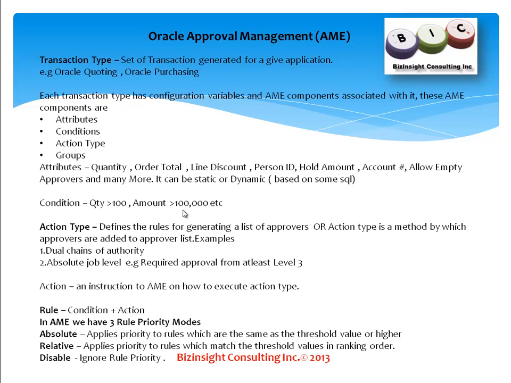So level 3 could be a manager, a senior manager, or a vice president based on your HR setup. In AME, we have 3 rule priority modes: absolute, relative, and disable.